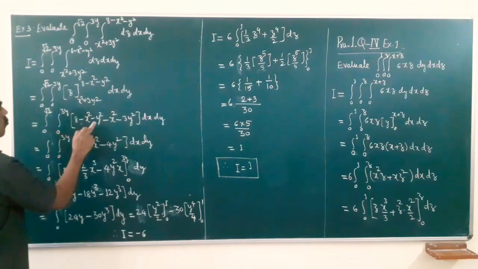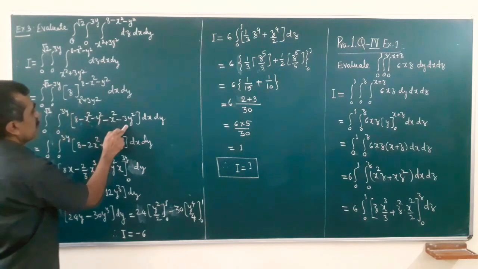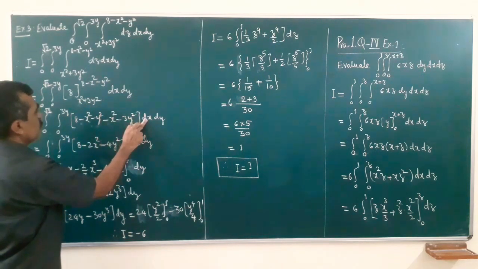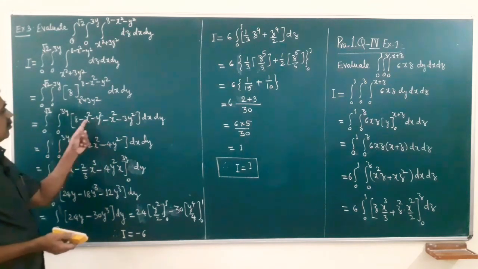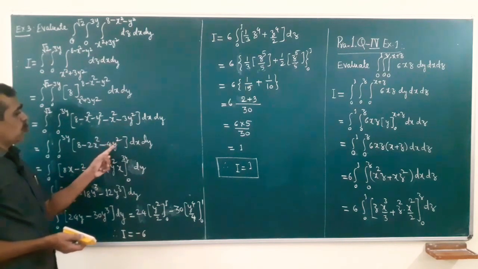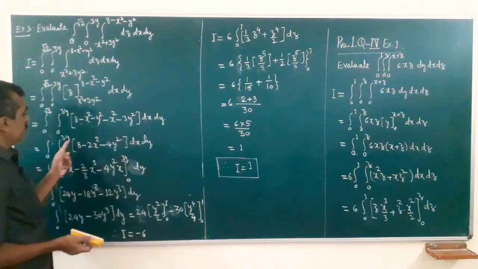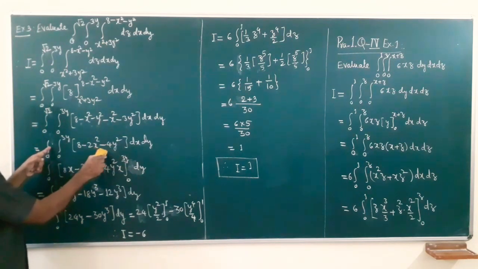So 8 minus x square minus y square minus this, with respect to x and with respect to y. Then 8 minus x square minus 3y square is minus 2x square, and this is minus 4y square. So 8 minus 2x square minus 4y square dx dy. Now integrate this with respect to x.